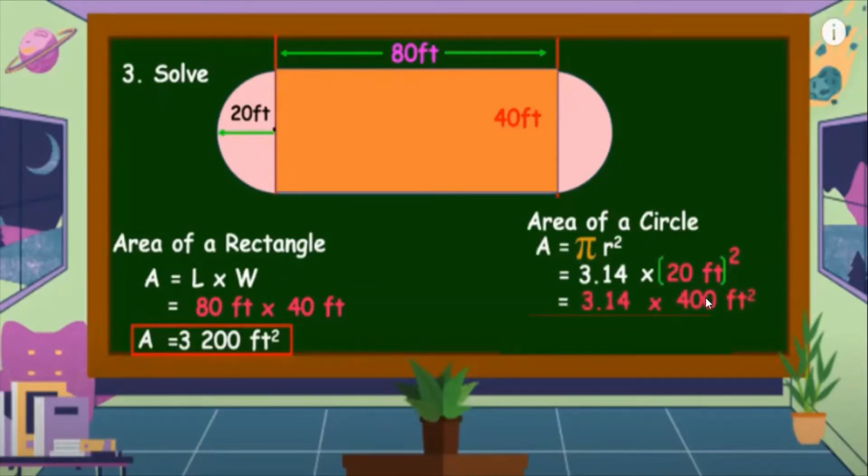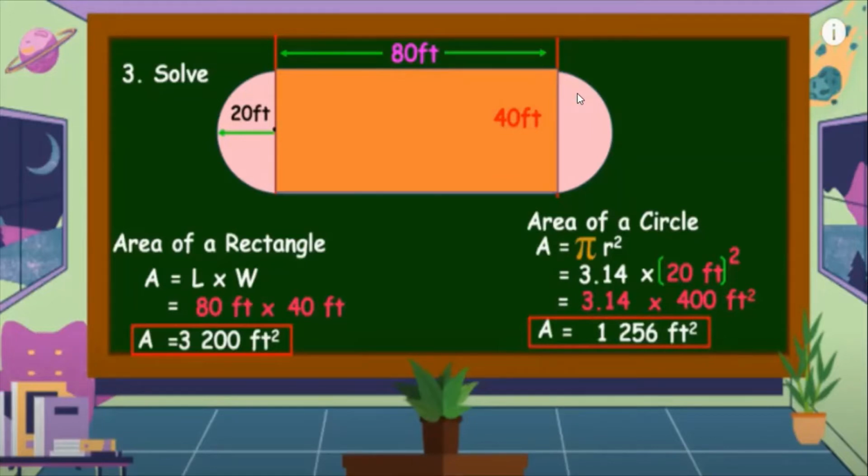After we square the 20, which is 400, we multiply it by pi, which is 3.14. So 400 multiplied by 3.14 gives an answer of 1,256 square feet.